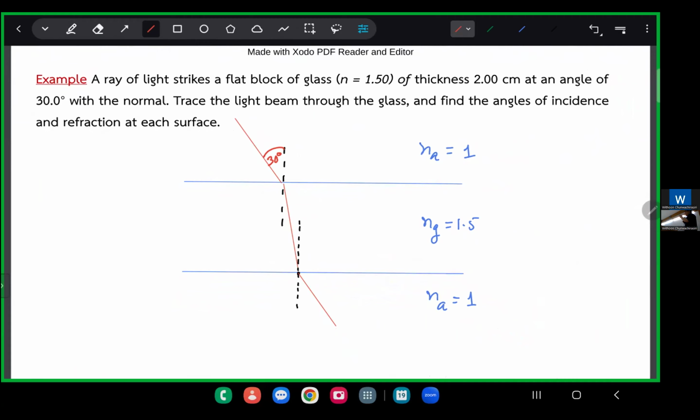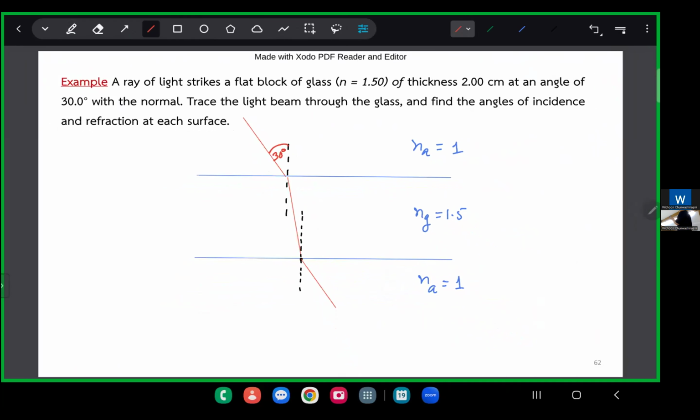Not bad. All right, now your job starts right here. Every time you want to apply Snell's law, don't think too much, because we are doing geometric optics. We're doing rays. You only apply Snell's law at the point where things are happening, like this one, a point of refraction.